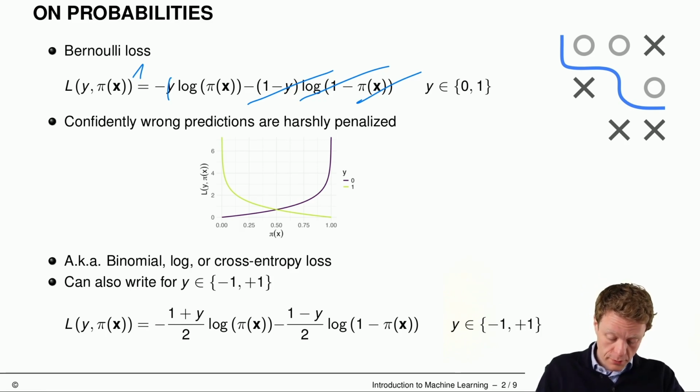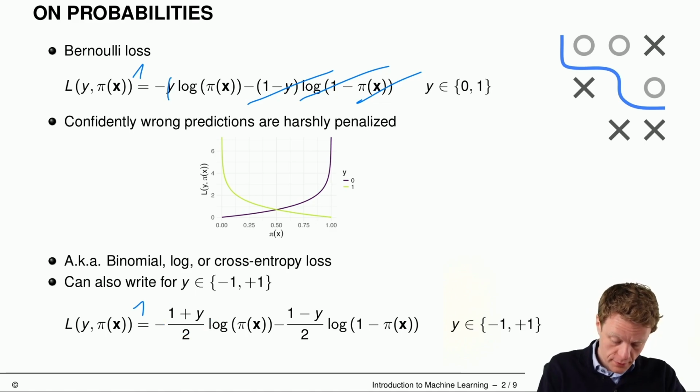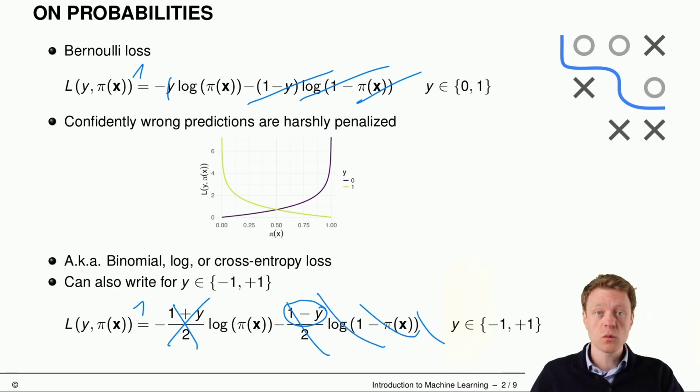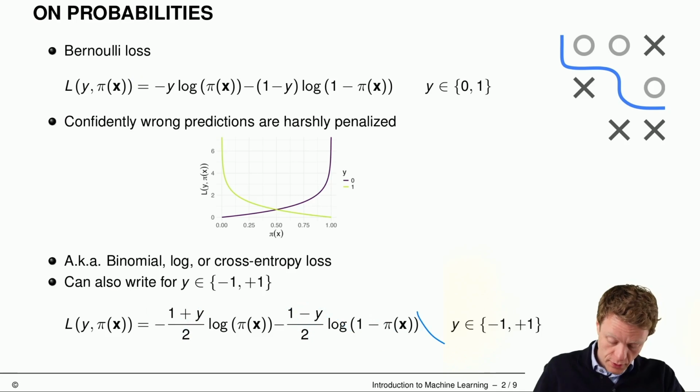If we plug in 1 here, then 1 plus 1 divided by 2 is also 1. So this thing here goes away. And here 1 minus 1 is 0, so that part goes away, right? And if we do it the other way around, if we plug in 0, then we have to plug in minus 1 here.